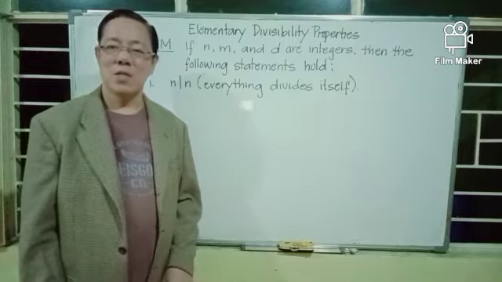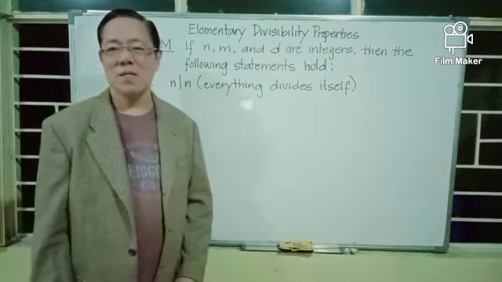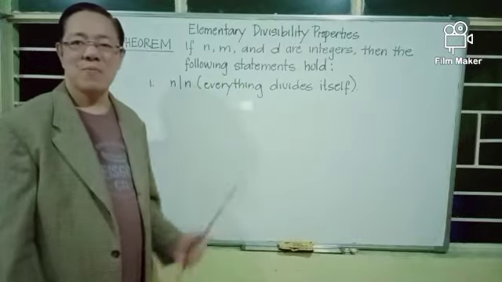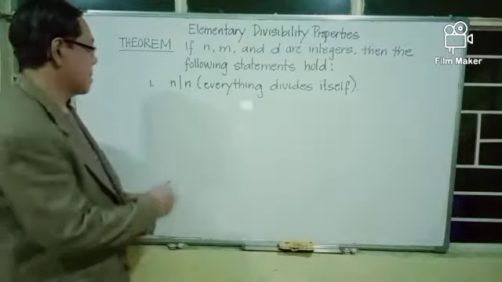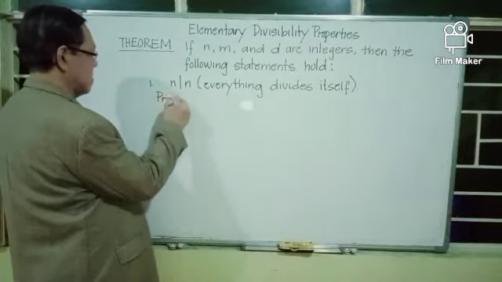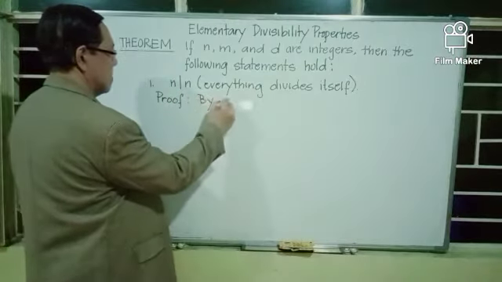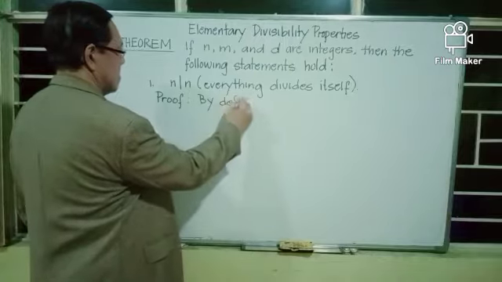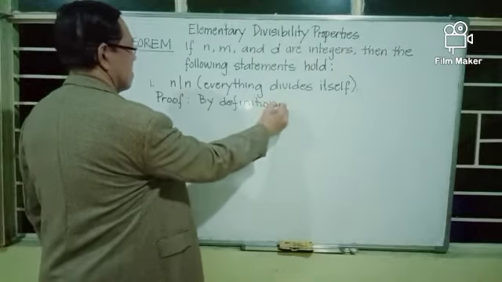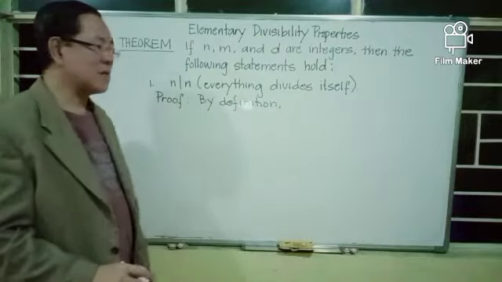Or every element of the set of integers is divisible by itself. And we prove this first property by definition of divisibility.